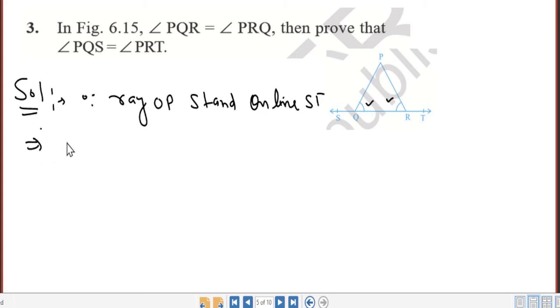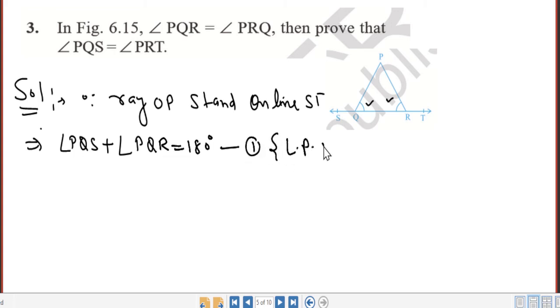The angles PQS plus angle PQR is equal to 180 degree. It is equation number 1.